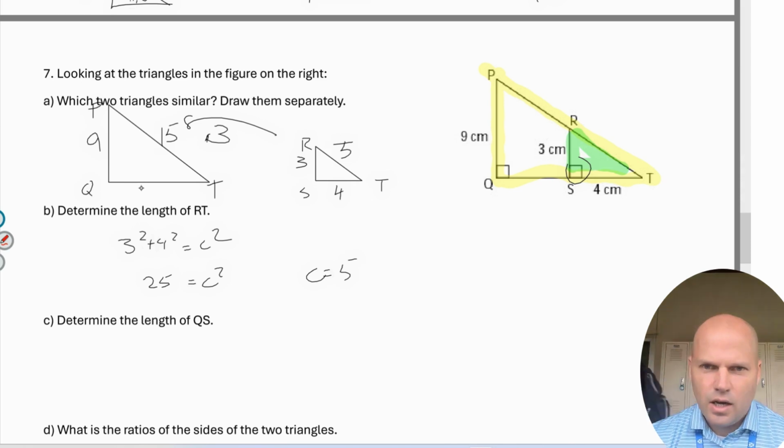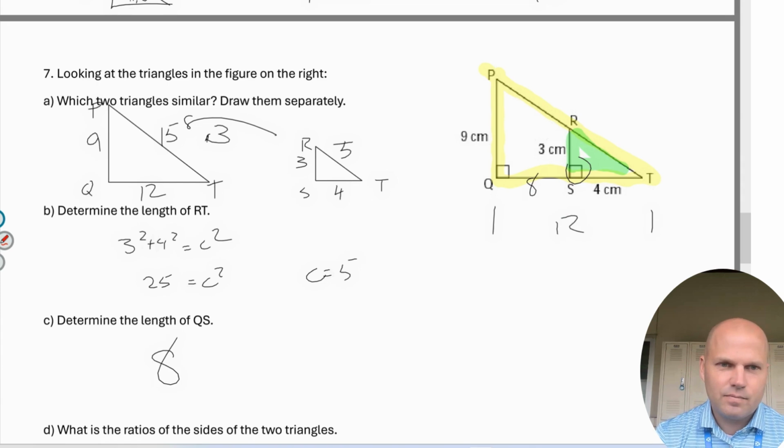Times 3, 12. Why did I say this is 12? Oh, because it is. This entire length is 12. What is this length? 8. Aha.